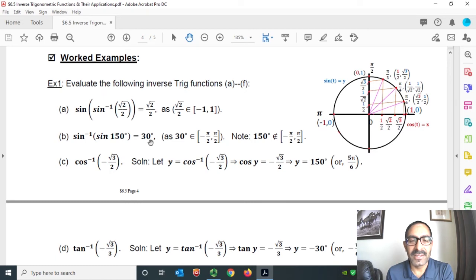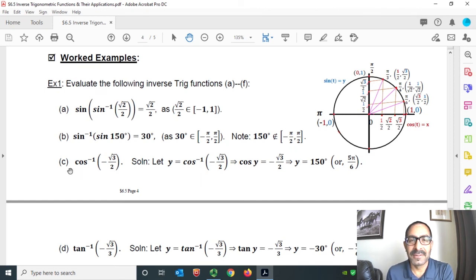That particular angle is 30 degrees, because 30 degrees lies in the range -pi/2 to pi/2 and also sine 30 degrees equals sine 150 degrees. I hope this makes sense to you all.